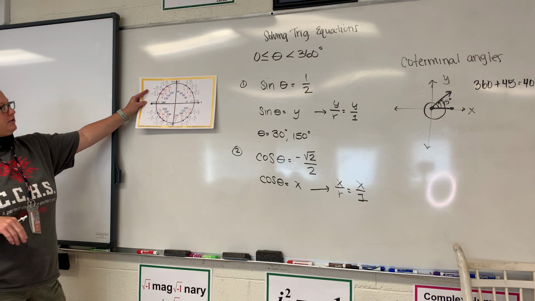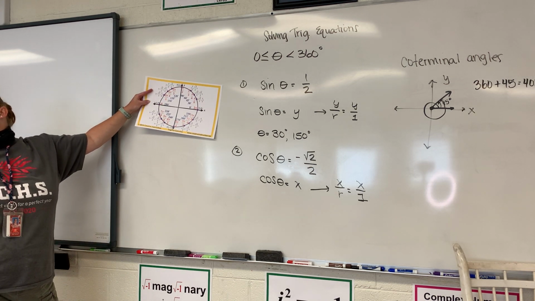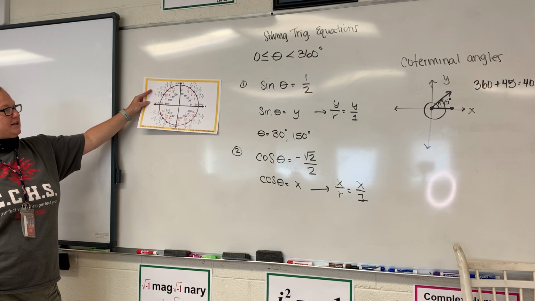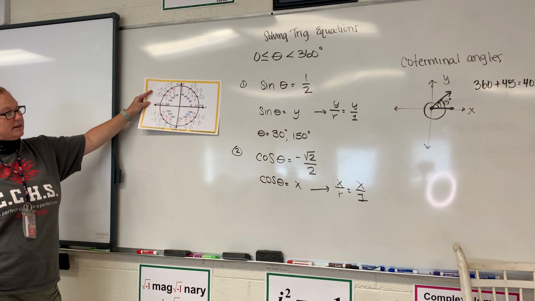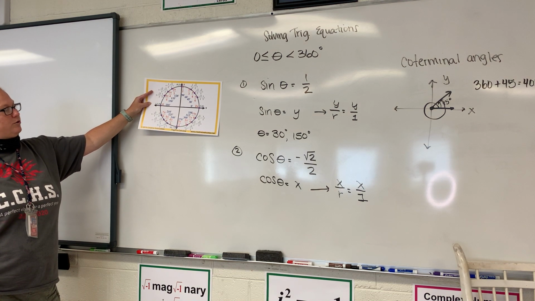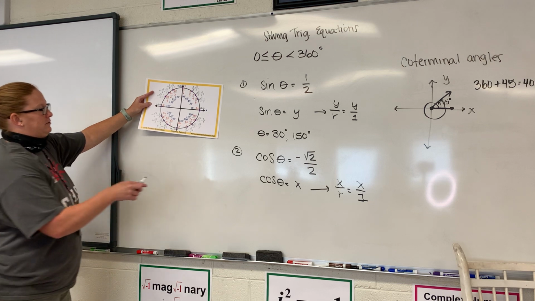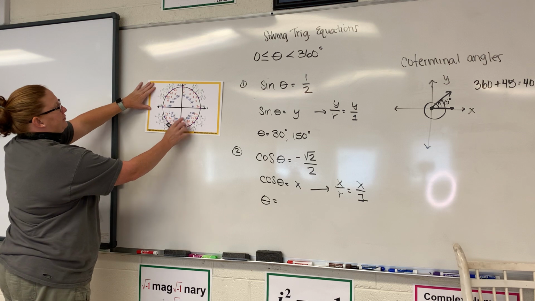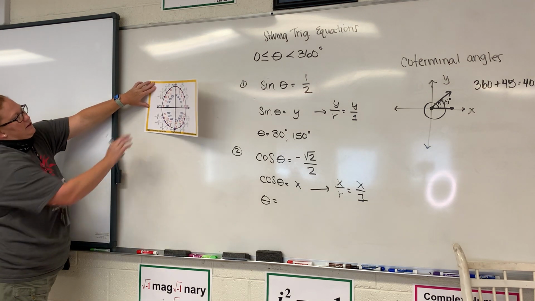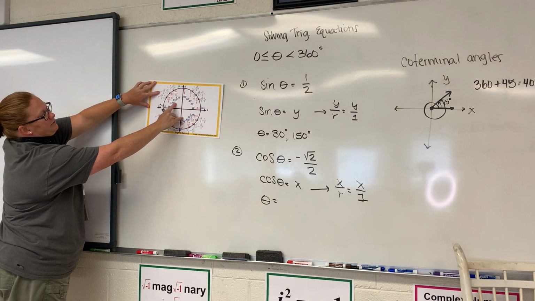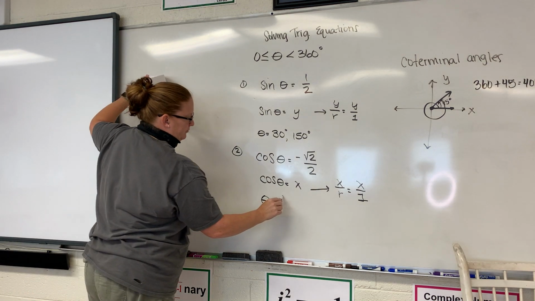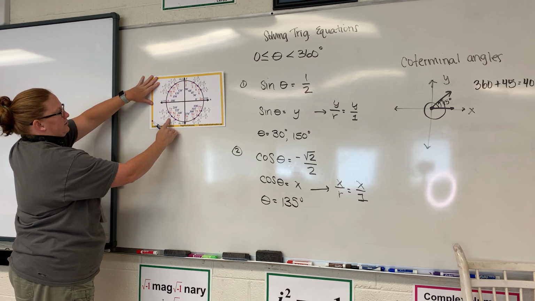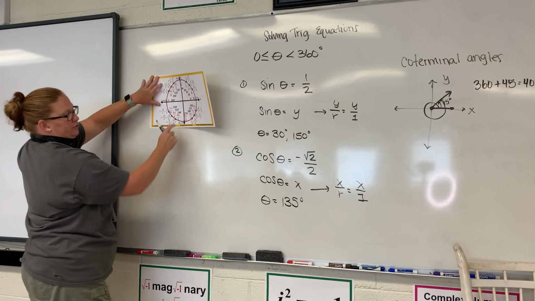So pull out your unit circle, get a table, and we're going to see where our x is equal to negative square root of 2 over 2 in degrees. We have x is negative square root of 2 over 2 right here, so at 135 degrees, and x is here at 240 degrees.